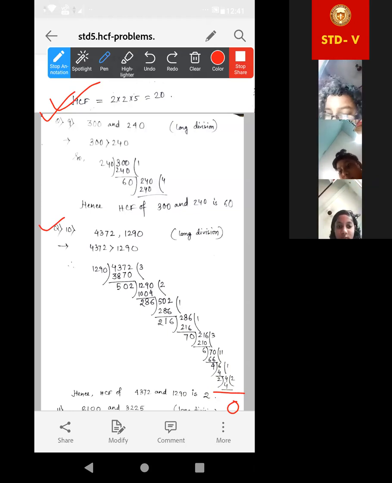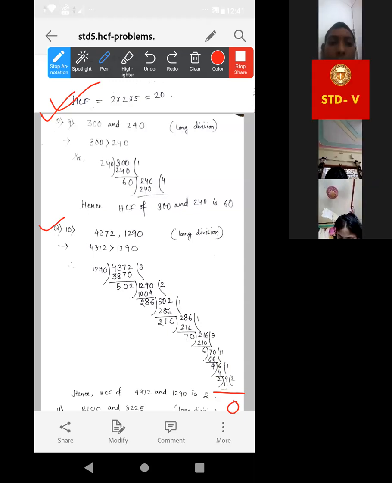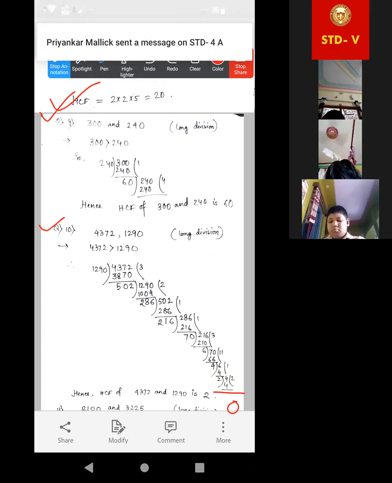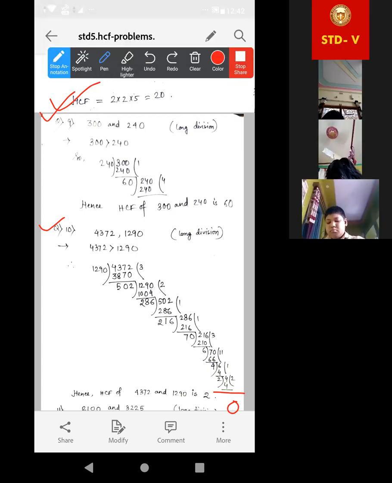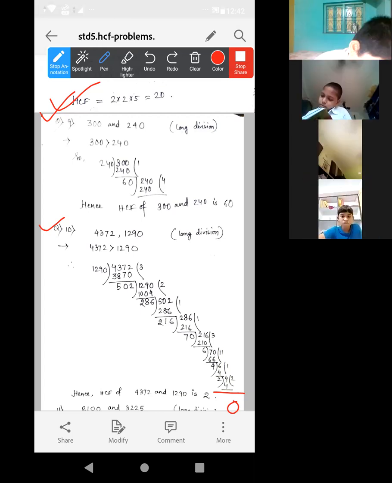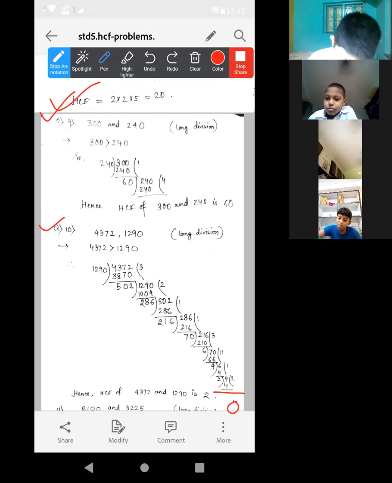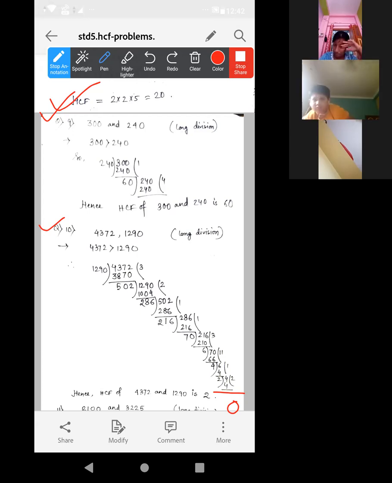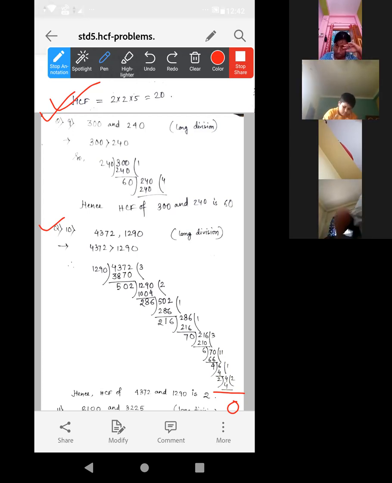Anushka Maiti, understood, beta? Okay, good. I'm done. Wait. Then I'll show you 11. Acha, Sridatri, Safin, Sinjini. Understood or not?